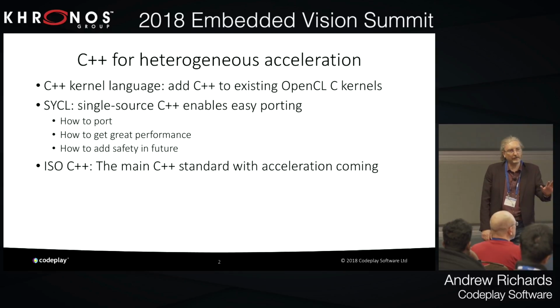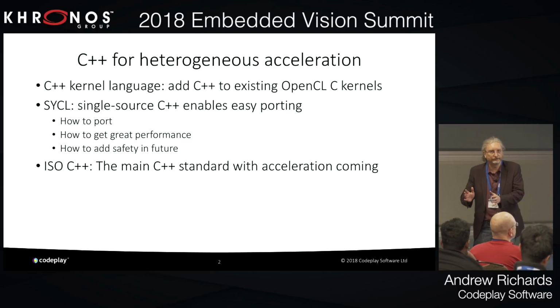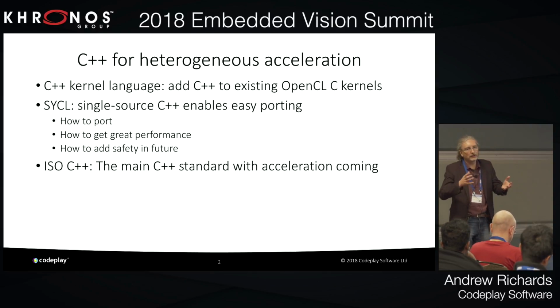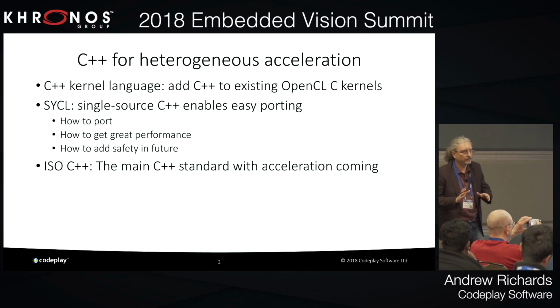You have some main source code, which runs on the CPU, and then your kernels, which run on your GPU or your DSP or your FPGA, are written in a separate source file. So in some ways, from a hardware point of view, it's much clearer to understand what's running on which device. But there are some problems with that.